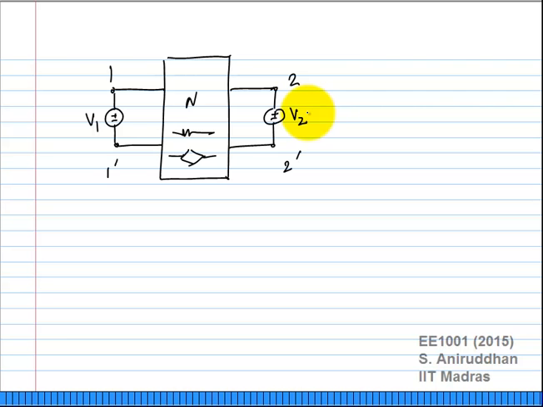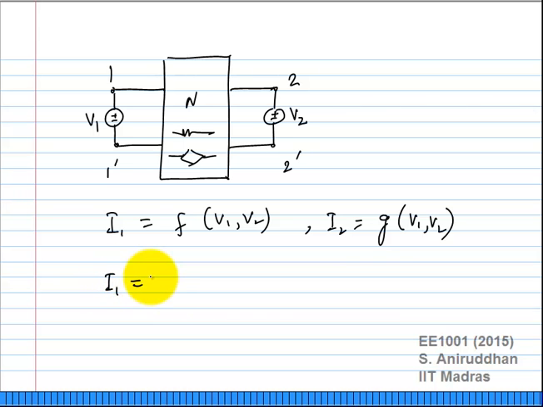How do you characterize this behavior now? You need to write I1 as a function of V1 and V2, and I2 also as a function of V1 and V2. What kind of relationship do you think these will have? It will be some kind of linear relationship. So how will you describe this? I1 equals something times V1 plus something else times V2.